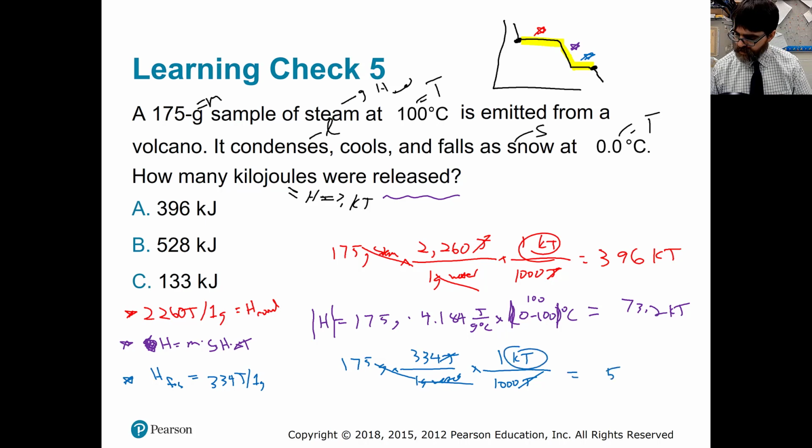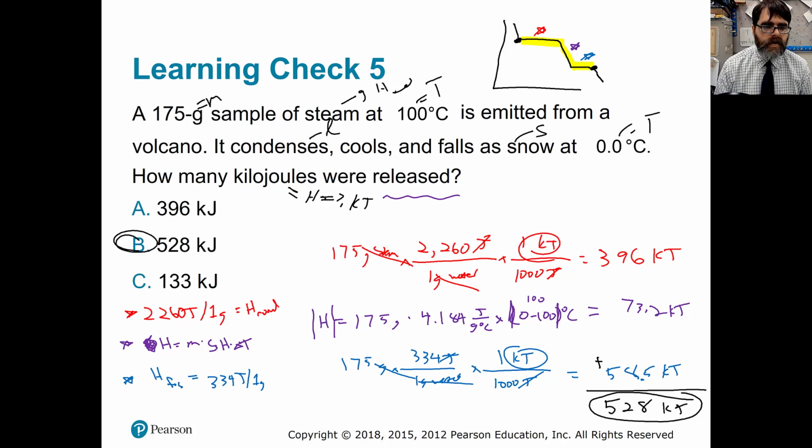And that gives us 58.5 kilojoules. And then the last step, because we want the whole thing, is to add all 3 of those together. And when we do that and round with sig figs, we get 528 kilojoules, which is that there.